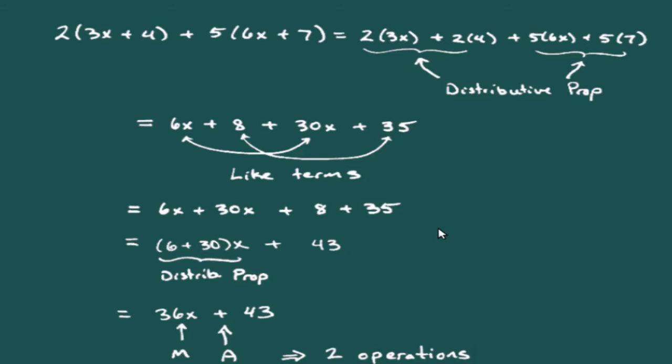We're using all of those properties that we've talked about before in other videos as the rules of the game to simplify our expressions to reduce the number of operations that we need. And so that's really the heart of algebra. We're taking things apart, we're putting things back together in ways to really make a more simplified version of them.